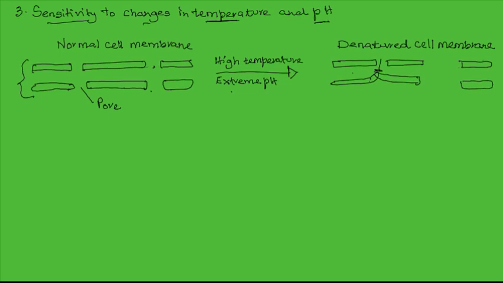Or because of the deformity, the pores become too wide such that there is no control or regulation of the substances that move through, and those particles and molecules that previously could not pass through will move through freely. What results from the deformation or denaturation of the cell membrane is loss of semi-permeability.